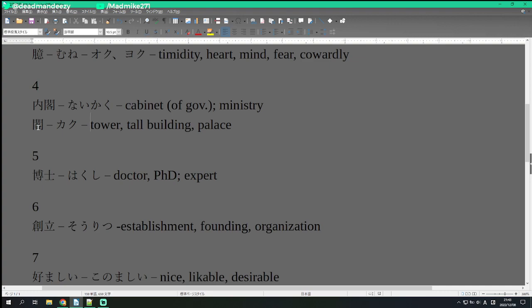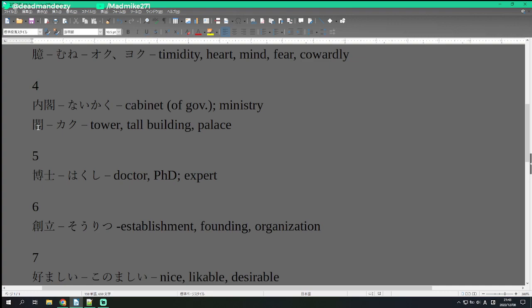The real meaning for this word, naikaku, kind of escapes me, because it means the people inside, actually, that makes sense, the people inside the palace. Naikaku is the cabinet or ministry of a government.